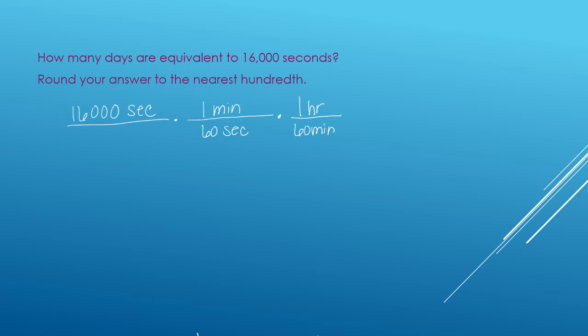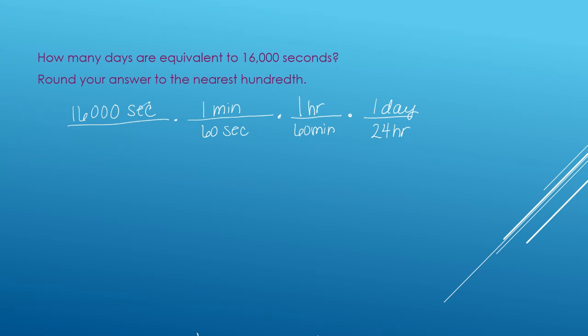Now I'm going from seconds to minutes to hours. I'm still not quite there because I need days, but I do know that there are 24 hours in 1 day. Now look what I've done. I've converted from seconds to minutes to hours to days by putting each one across from each other.